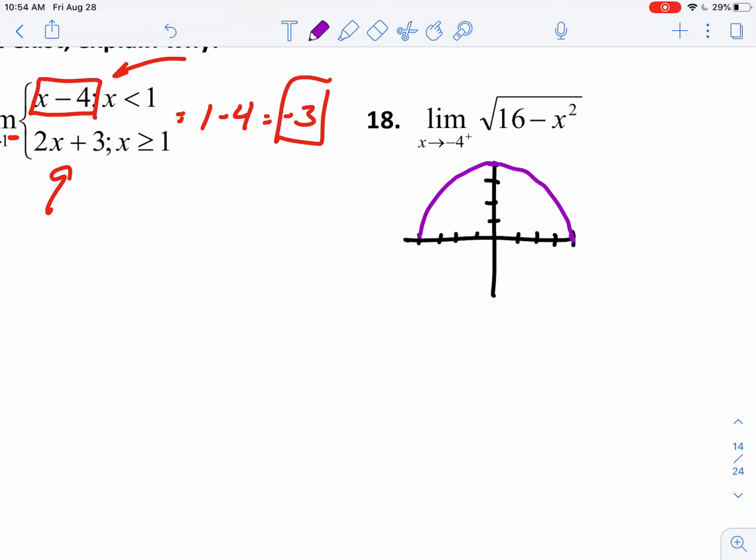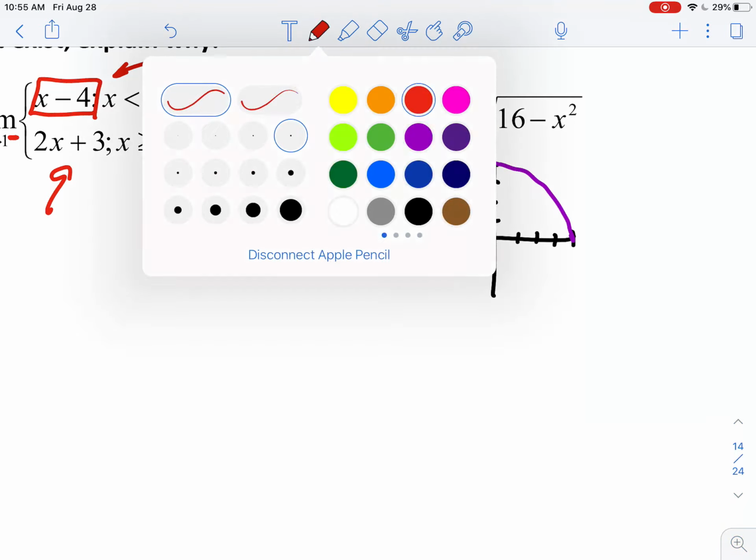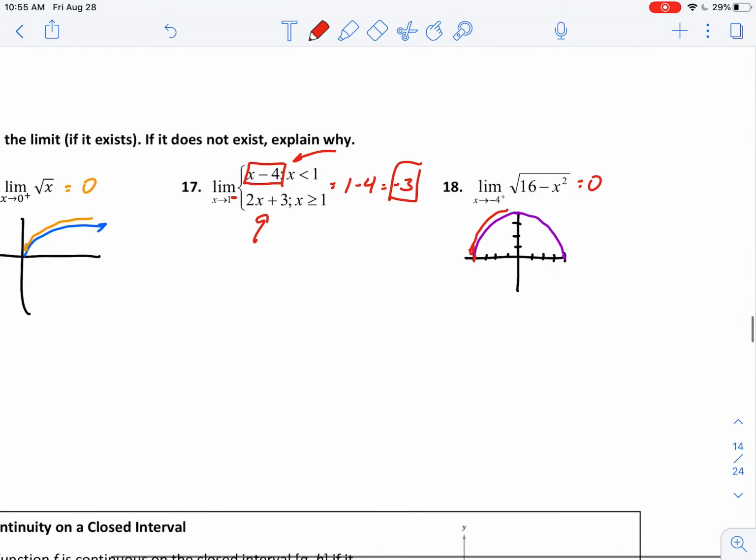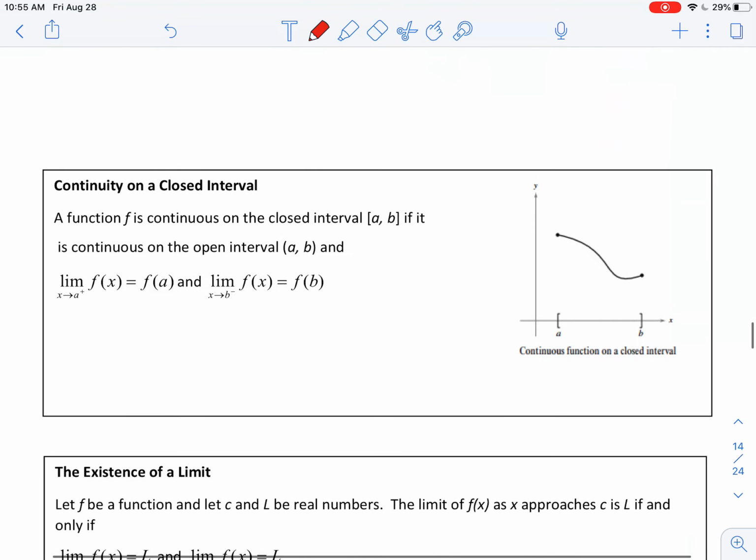So this is what the graph of the square root of 16 minus x squared looks like. And what I'm approaching here is -4 from the right. So as x approaches -4, which is right here, from the right, my y value gets closer and closer and closer to 0. So knowing your parent graphs helps you a lot on some of these types of problems.